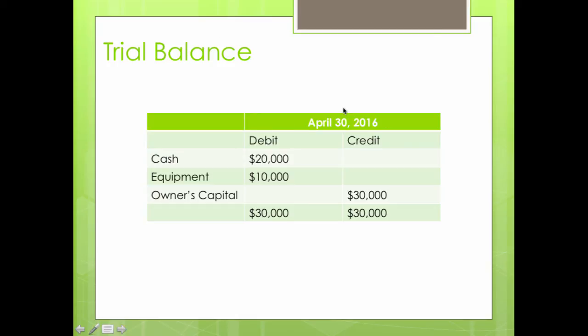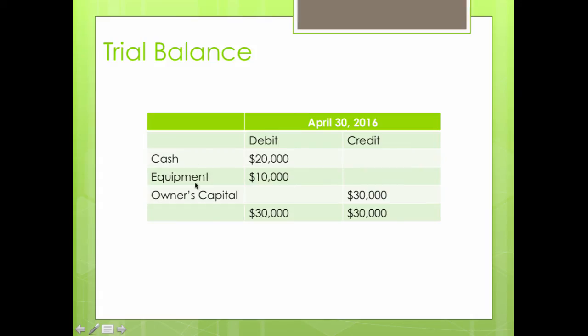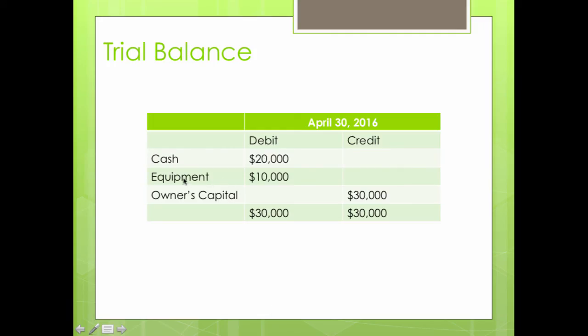So if your balance is on the debit side, remember the balance for cash was on the debit side for $20,000. So you will record this on the trial balance as cash on the debit side for $20,000. Okay. For equipment, the balance was on the debit side for $10,000. So you record it as equipment under the debit side for $10,000.